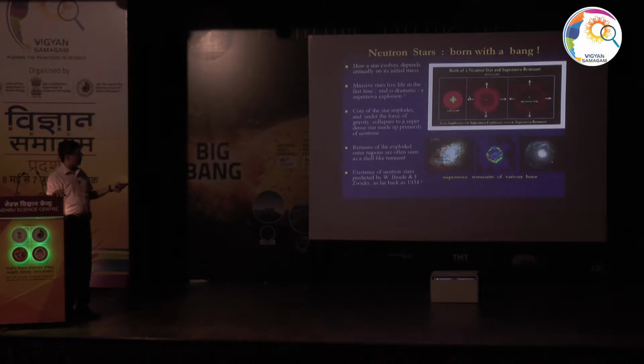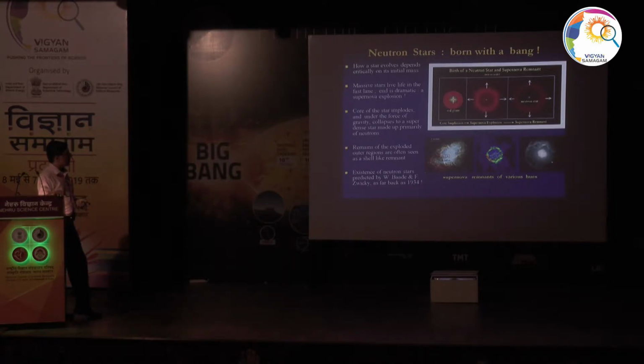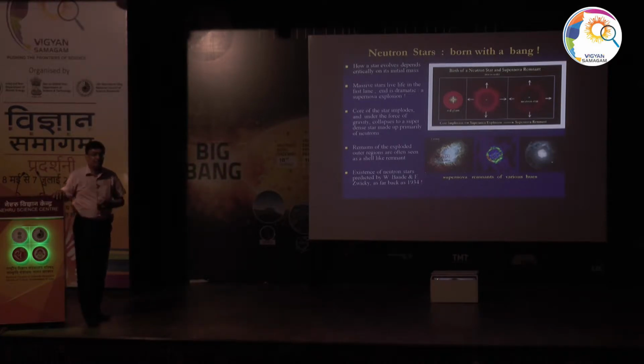But the outer parts just blow out, and this is a supernova explosion, and you get a remnant where this material is glowing for some time, and slowly it will fade away into the surrounding medium, what is called the interstellar medium in the galaxy. And you can see these objects as very bright nebulae in the sky. So some of the nebulae that you see are actually supernovae that have happened.